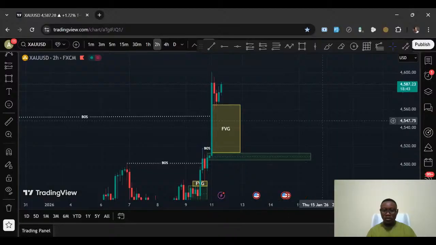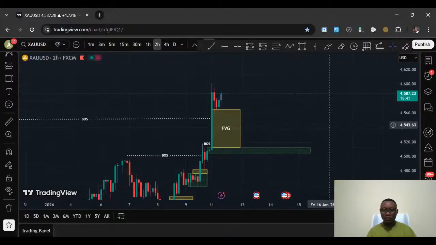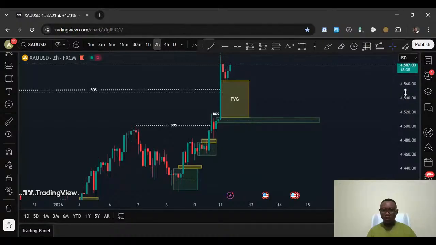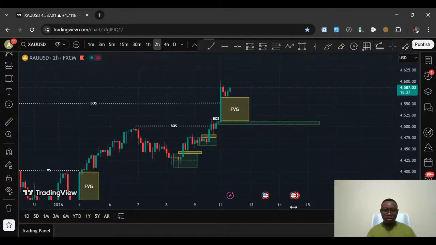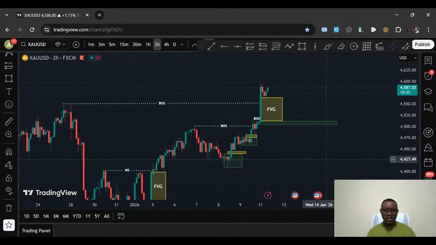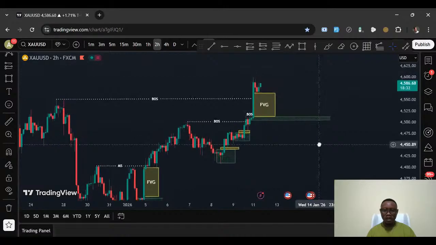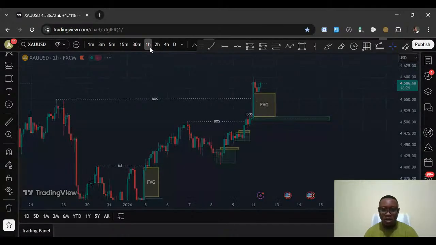All right. So we have this. So that is all I can see on the 2H time frame. Let's drop down further to the 1 hour time frame.